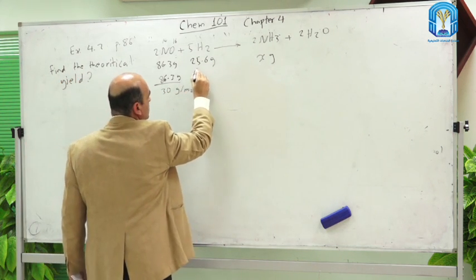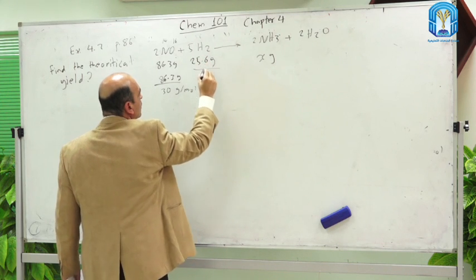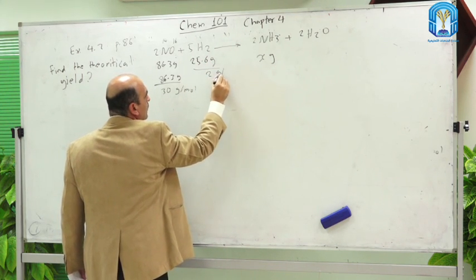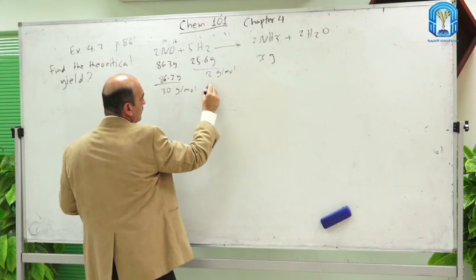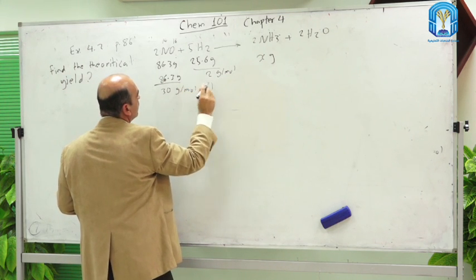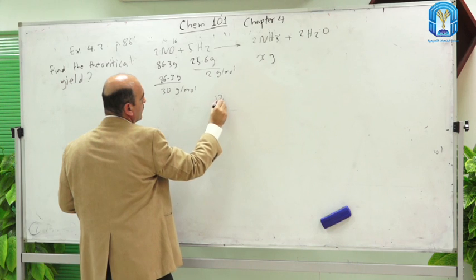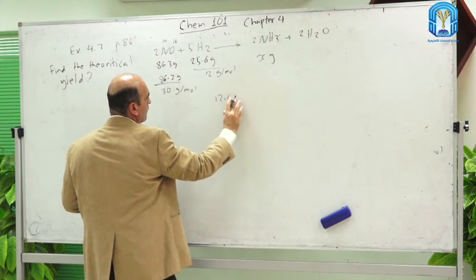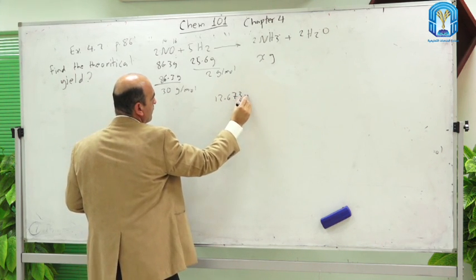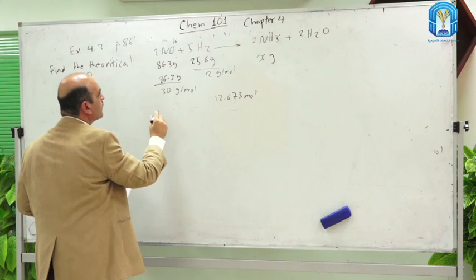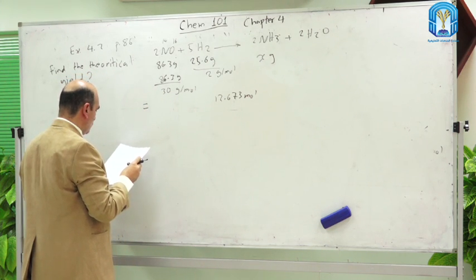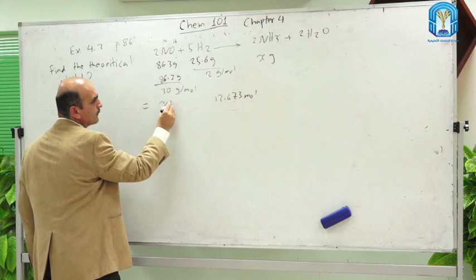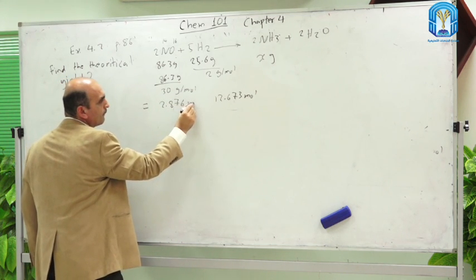And here 25.6 divided by 2 gram per mole, and this is equal to 12.673 mole, and the first is equal to 2.876 mole.